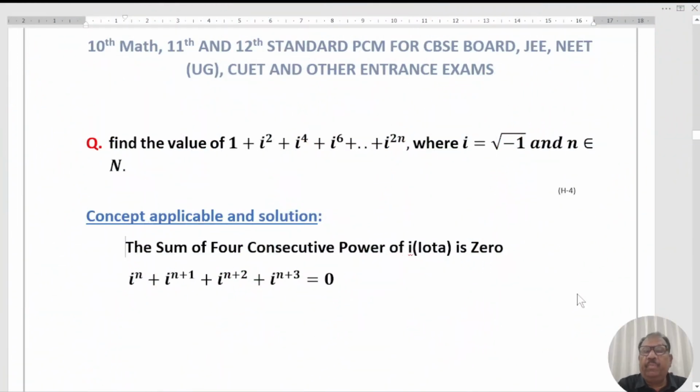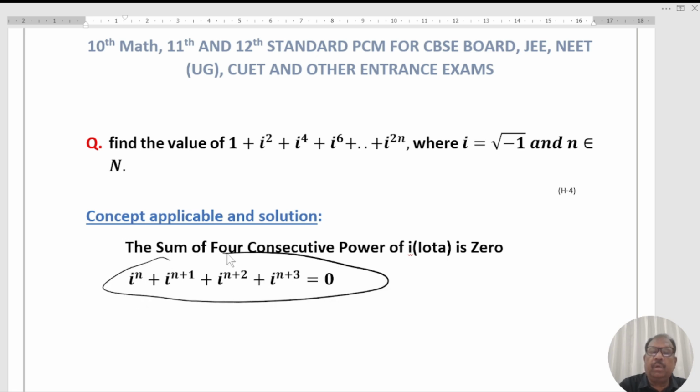Right? Next question. Find the value of 1 plus iota square plus iota to the power 4 plus iota to the power 6, up to iota to the power 2n. The concept applicable to the solution: the sum of 4 consecutive powers of iota is 0. This concept is very, very important.